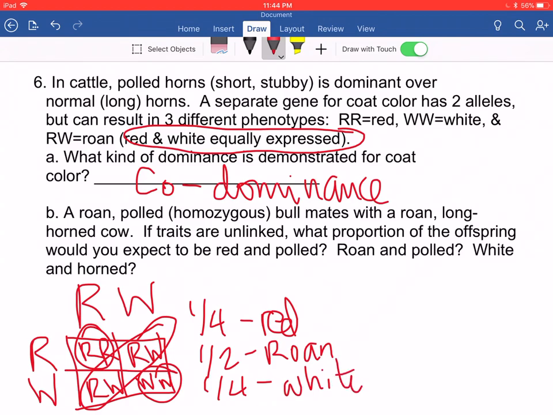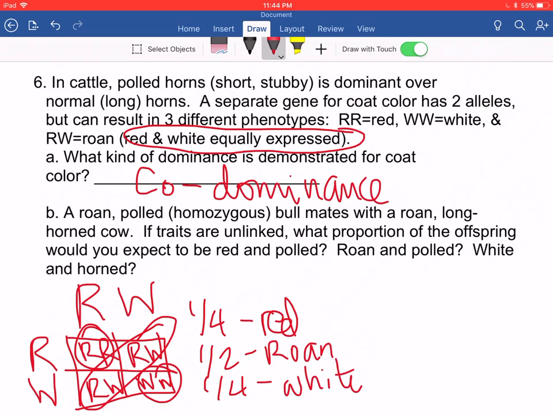Okay. Now let's take a look at the next trait that we're interested in, and that's the horns. So we know that we have a polled bull, and that the polled bull is going to be homozygous. Polled horns, which are short, are going to be dominant over the normal horns.